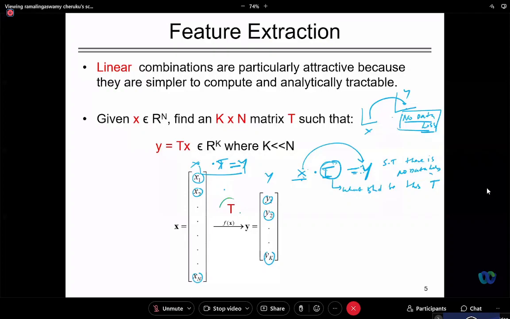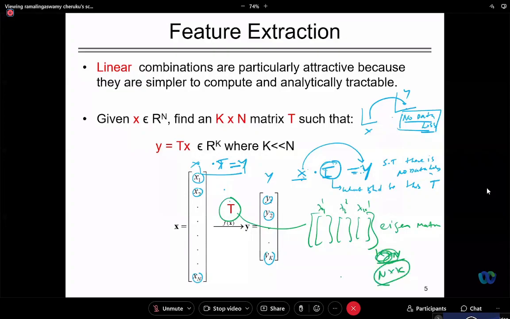The dimension is k cross n, or n cross k, whichever. So you have to transpose it, and this way you will get k cross n. Means there are k eigenvectors of size n.